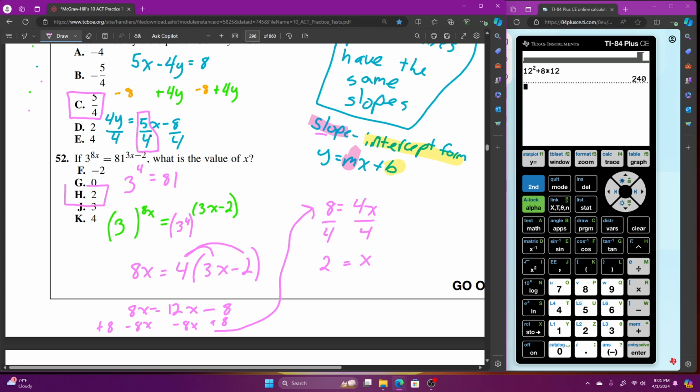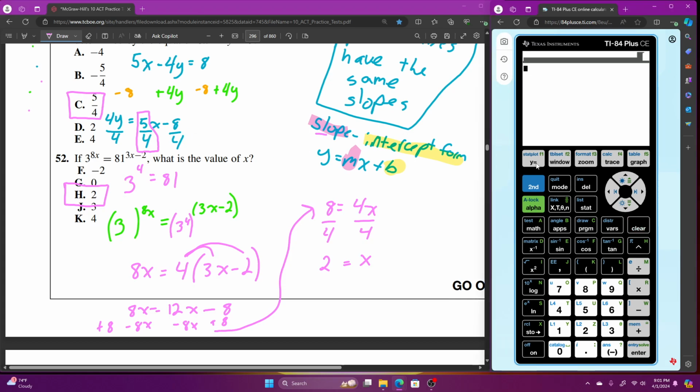Also, I think I can play with the graphing feature on this.